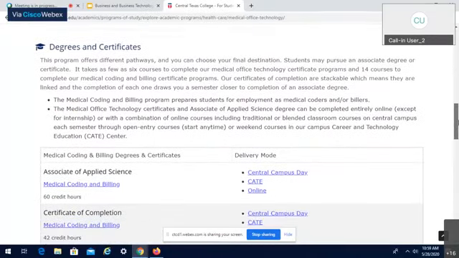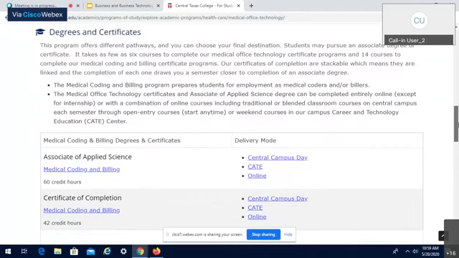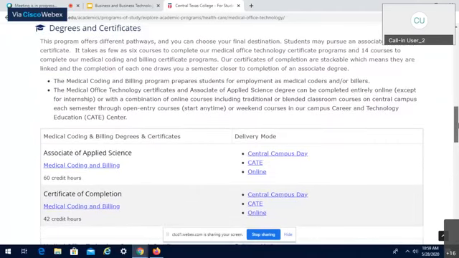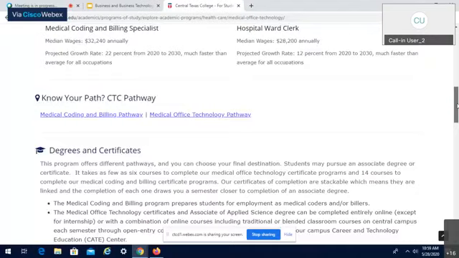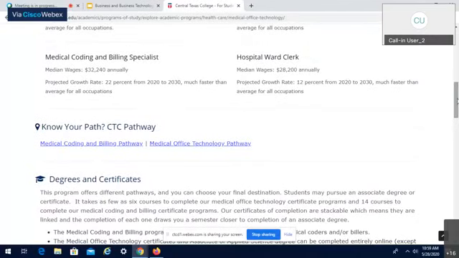And you can see where the career path is as far as medical billing and coding. And so the skills that you learn on the office side will also translate to the medical office side, if that's something that people are interested in, because the computer is a computer, but the databases are different.